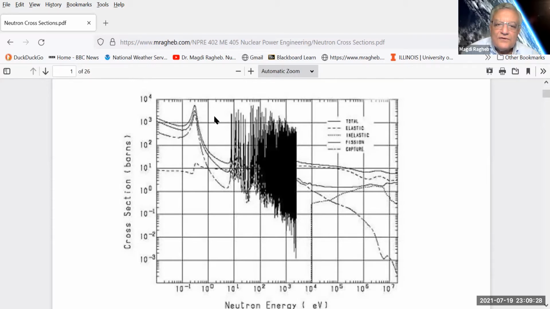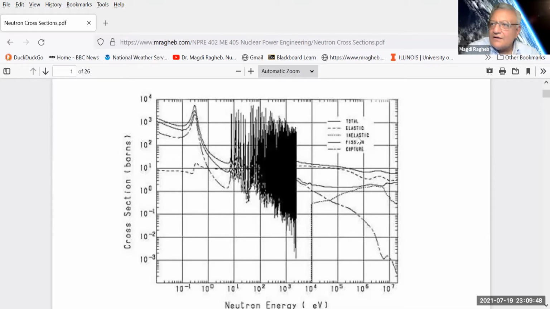Notice that these are measured cross-sections as a function of the energy of the neutrons. We have different reactions possible: one describes the fission process, one describes the elastic scattering, and one describes the inelastic scattering.